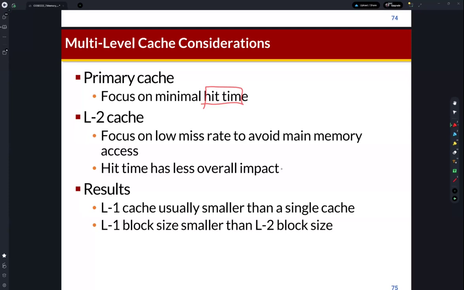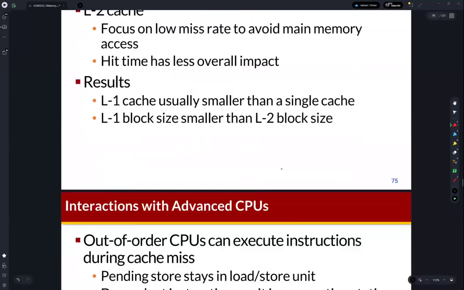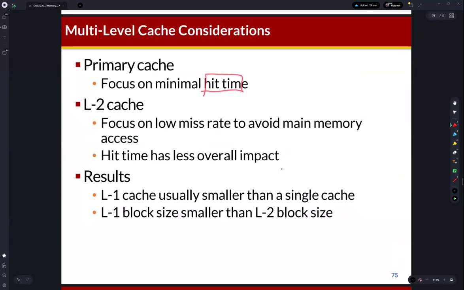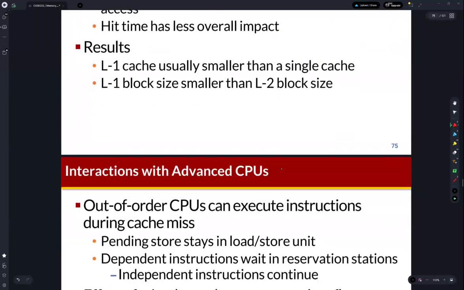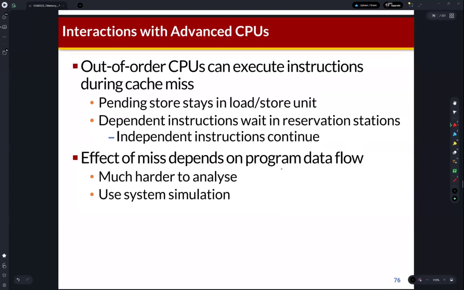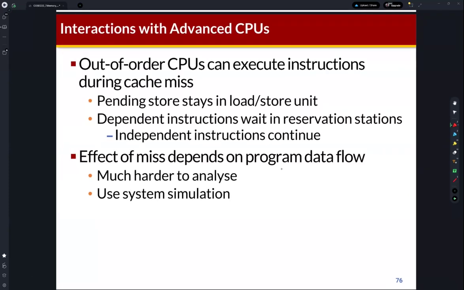So what does that mean? We can reduce the miss rate, right? So this is some configuration, some design policy of the multi-level cache. Okay, I will skip here because we did not learn about out-of-order CPUs, right?